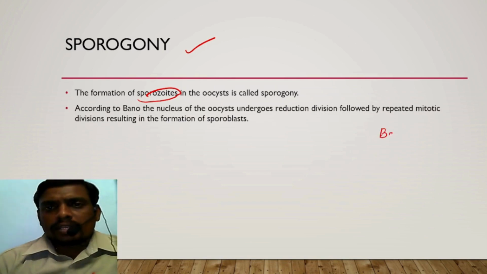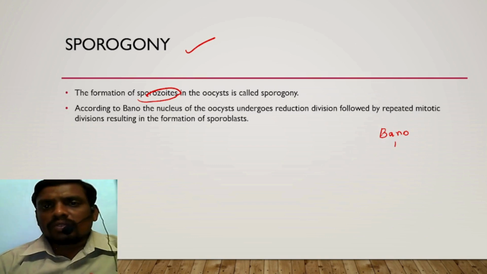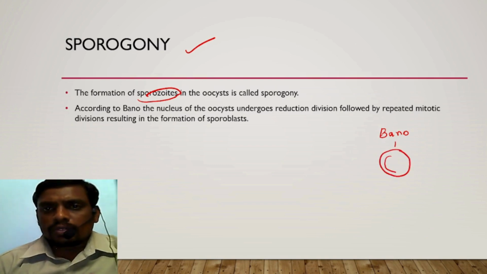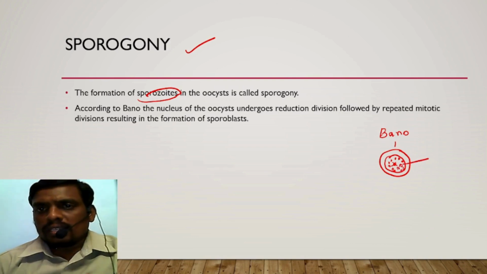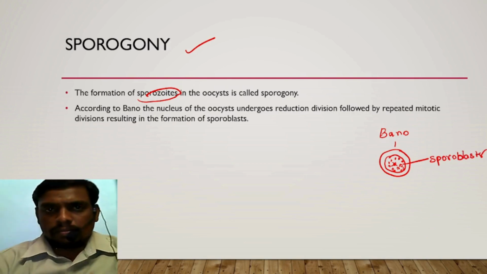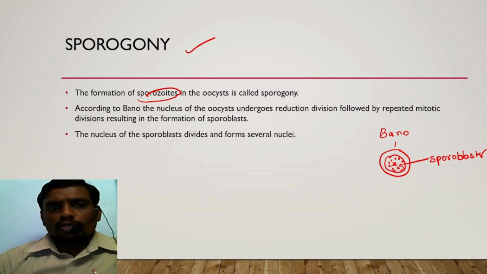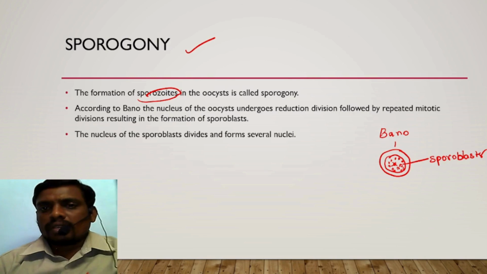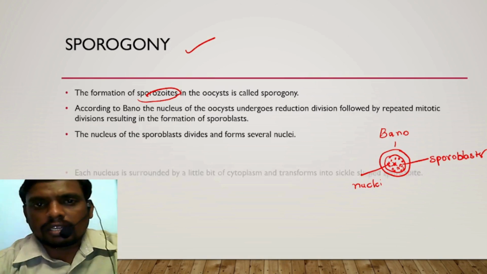According to Bano, a great scientist, the nucleus of the oocyst undergoes two reduction divisions followed by repeated mitotic divisions, which leads to formation of specialized structures called sporoblasts. The nucleus of the sporoblast divides and forms several nuclei.